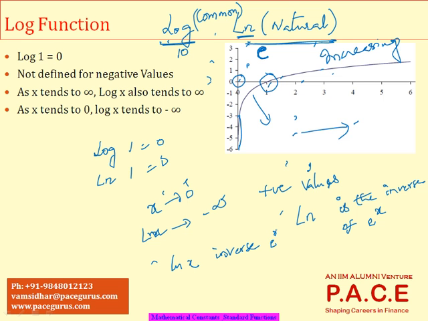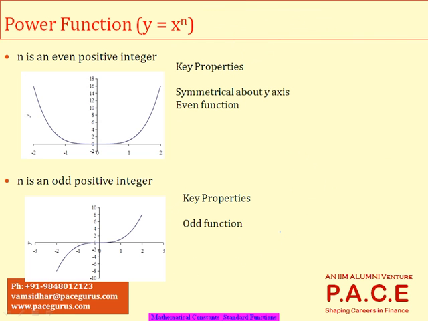When we talk about inverse functions at a later point, we'll try to understand what I am meaning by this statement, but for comfort level, try to understand this statement. Log x is an inverse function of e to the power of x and vice versa. So these are some of the things you need to be comfortable with as you are going to use the log function. All right. Let's move on to the next important function in our space.